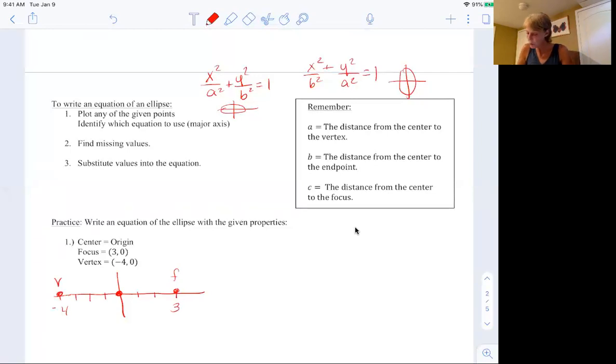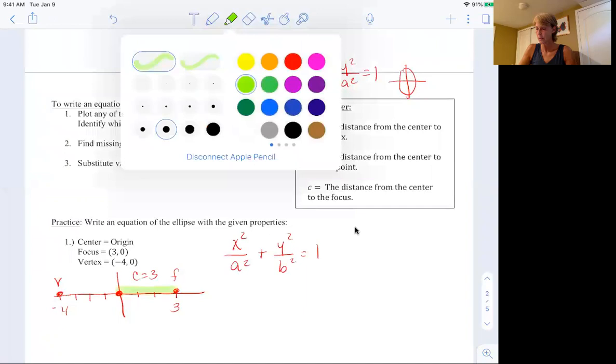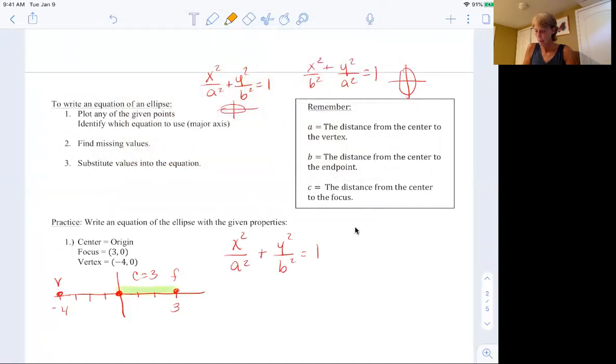So I'm going to be using the version that the a squared is under x. And in the problem, it's very easy to see that the c value is going to be 3. And my a value is going to be 4 units.